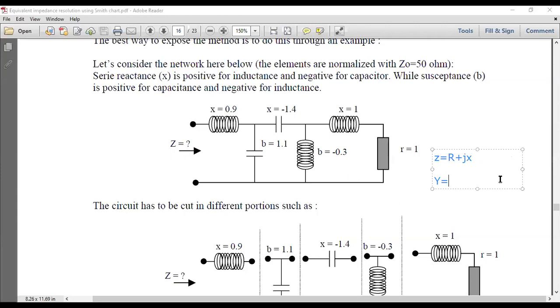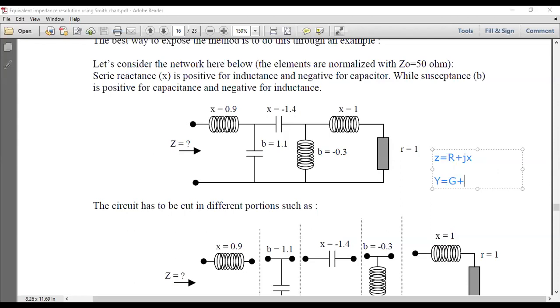But I want it in terms of R plus jX, so I want the parameter related to this. Y equals G plus, you are saying G for conductance. G for conductance, correct.